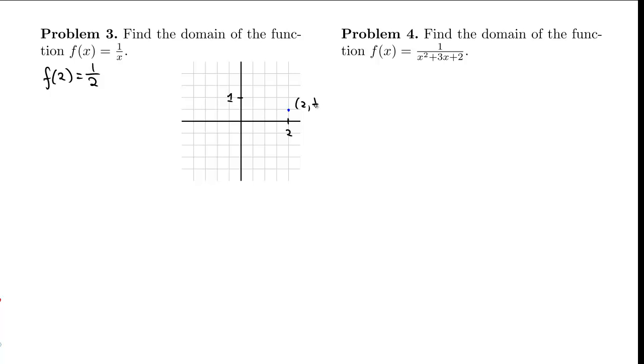Let's compute a few more points on the graph of f. For input 1, f produces 1 over 1, or just 1. If we consider x equals 1/2 as an input, then f of 1/2 is 1 over 1/2, which equals 2. Let's plot these points.